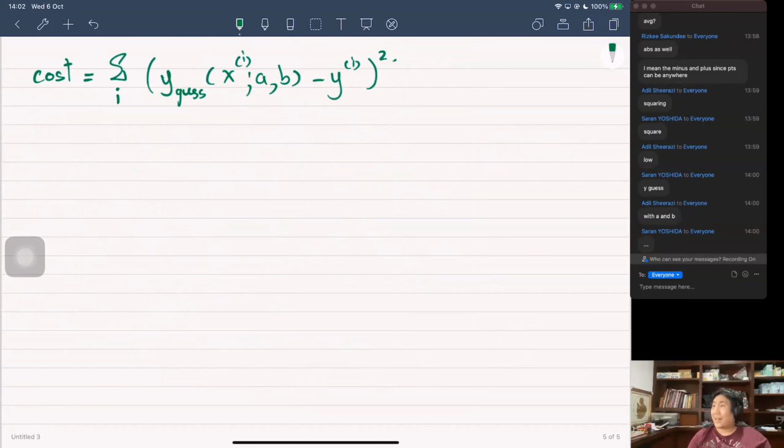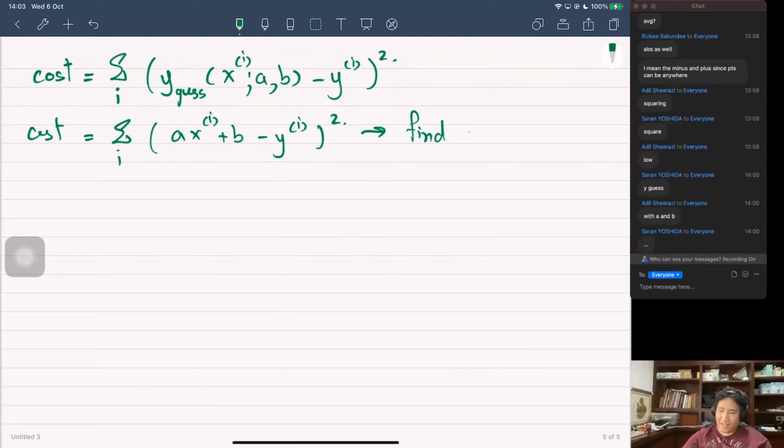Okay, and let me expand it. So the way we get y guess is a xi plus b minus yi, squared. This is the cost. And our goal is to find a and b that minimize the cost.